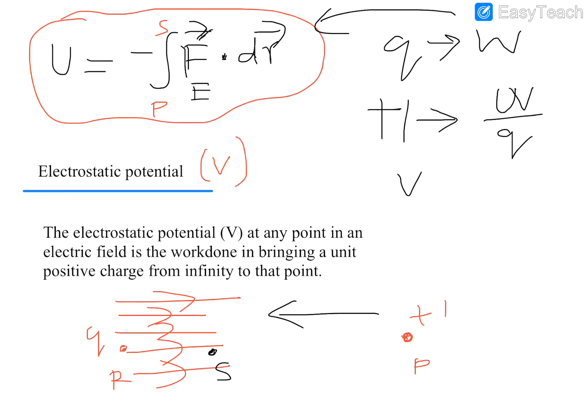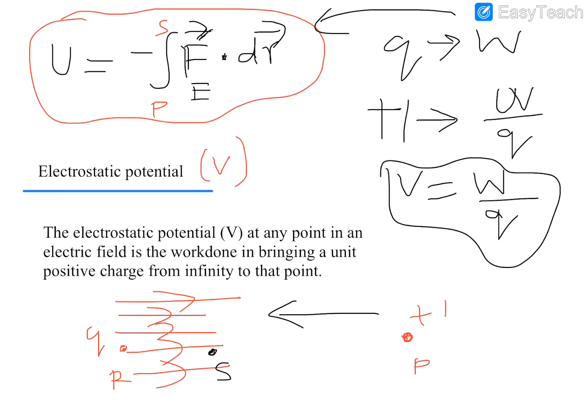So this is nothing but V. V is electrostatic potential, that is equal to W by Q, where W is the work done to bring Q charge. So this is the relationship. Electrostatic potential is equal to total work done to bring Q charge divided by total charge, from which you can write W is equal to QV.